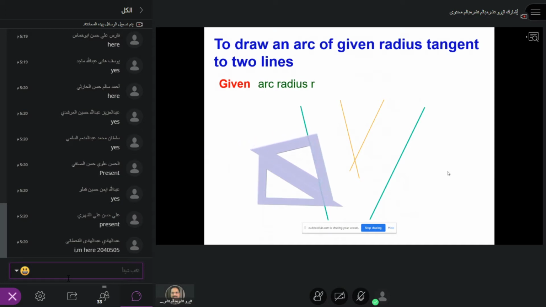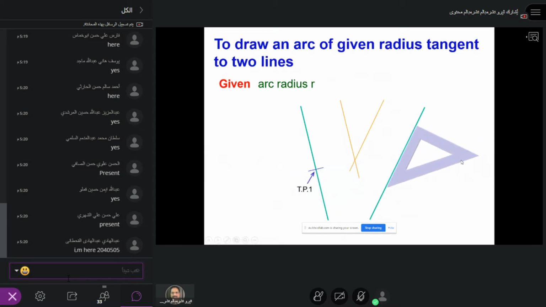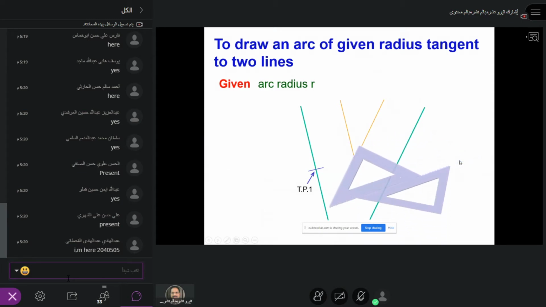There are several methods, by the way. So you can see how they draw this.